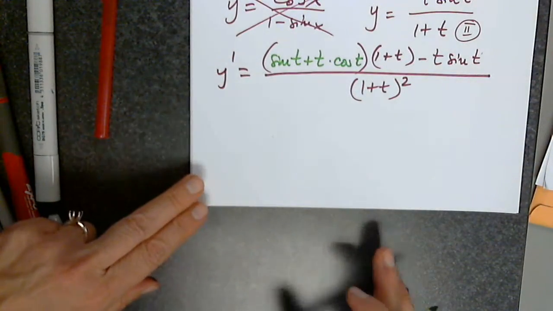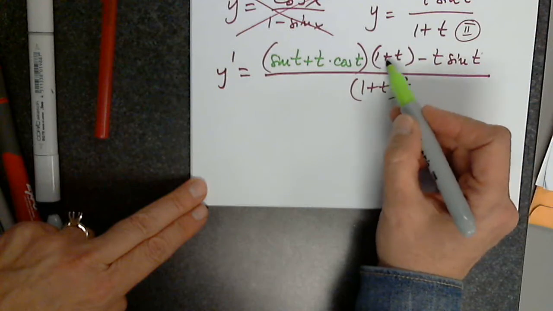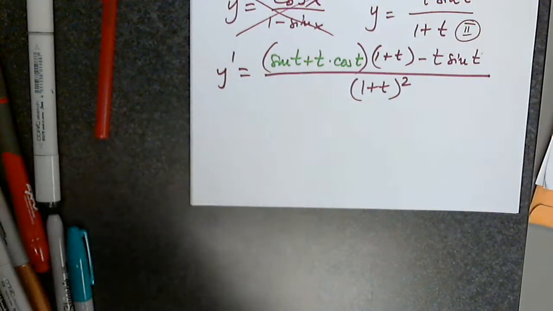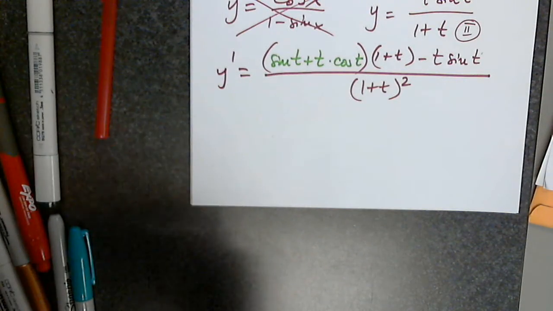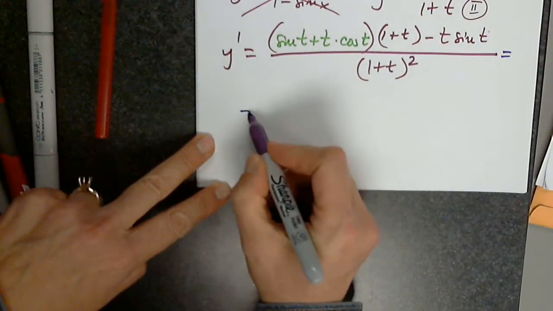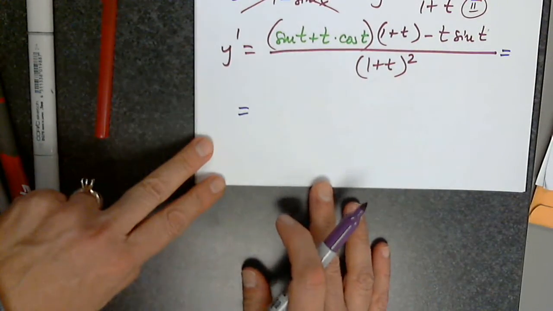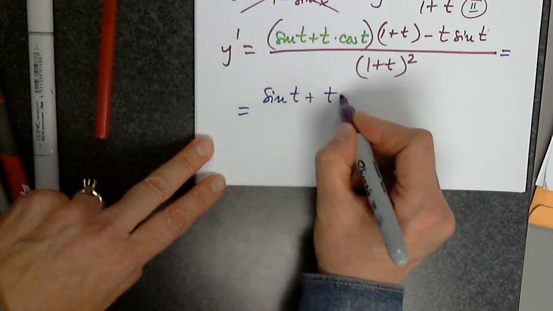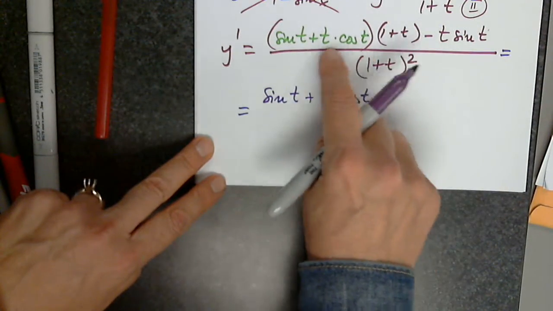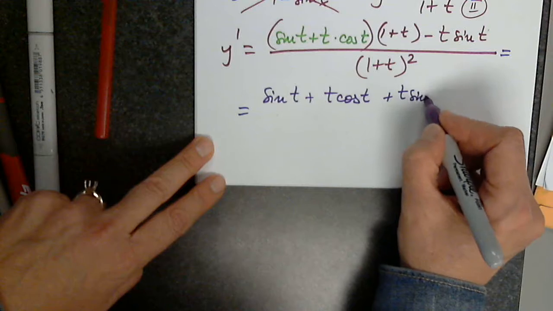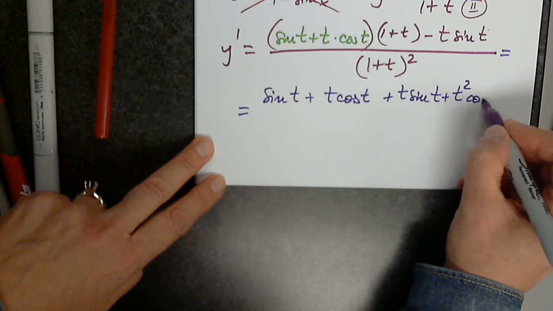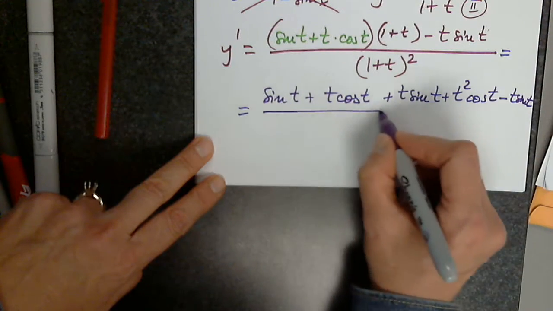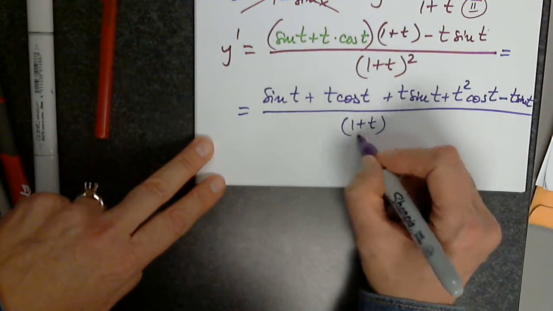It would be terrible to simplify this with this. It would be a terrible mistake. We cannot simplify anything but factors. So now I will distribute, because it's possible that I can cancel some terms. I distribute 1 to these two, sine t plus t cosine t, and then t to these two, plus t sine t plus t squared cosine t, and then minus t sine t over 1 plus t squared.